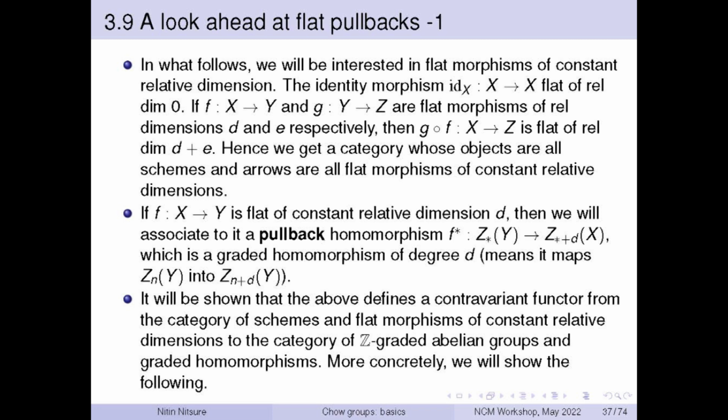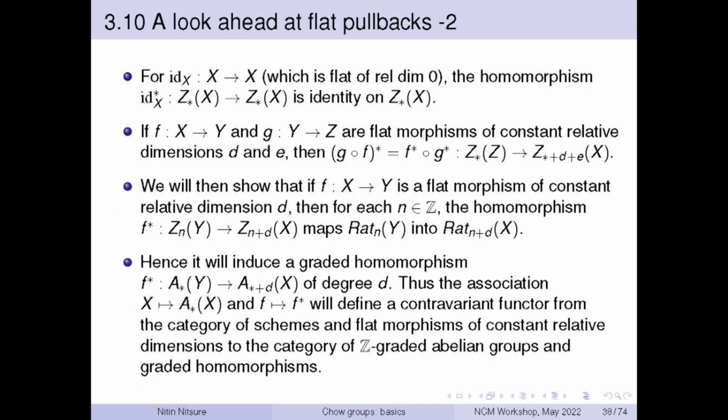So once it defines such a contravariant functor, we want to show that it goes down to Chow groups. Here is, in great detail, what functoriality on cycles means. First of all, it says that identity should pull back to identity. Identity is flat of relative dimension 0 and the resulting pullback should be identity on the cycle groups. And the composite should be composite.